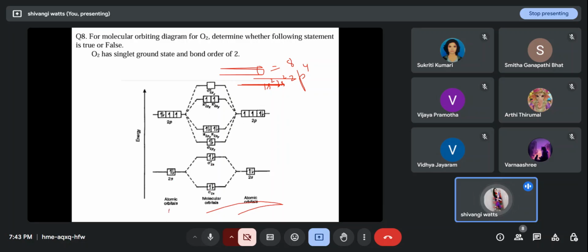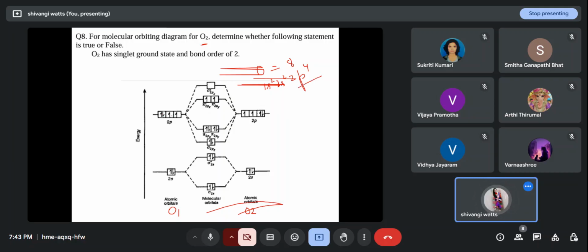This is for one oxygen, this is for the other oxygen, O1 and this is for the O2, because here there are two oxygens. So O1, there sigma 1s2, sigma 2s2, here sigma 2s2, sigma star 2s2, and also if you will see 2p4.